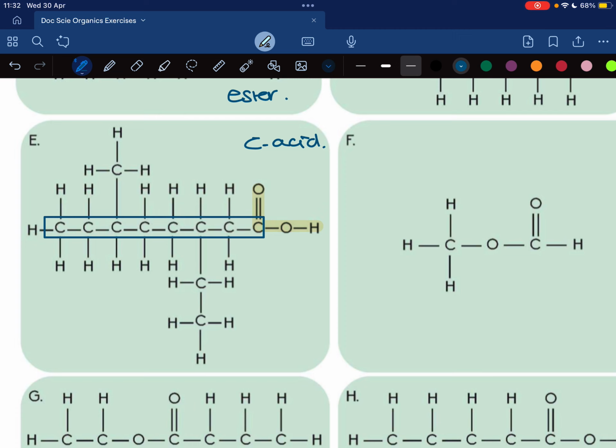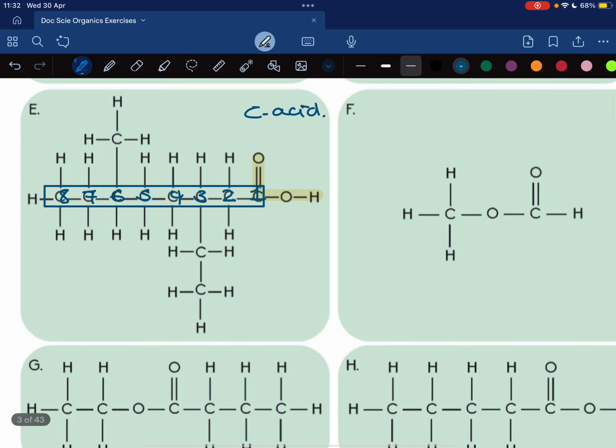Okay, now again, you don't worry about the order of your substituents. You always number closest to this carbon here, to the side chain. So you have 1, 2, 3, 4, 5, 6, 7, 8. Now, you're going to start with the ethyl before the methyl because of alphabetical order.